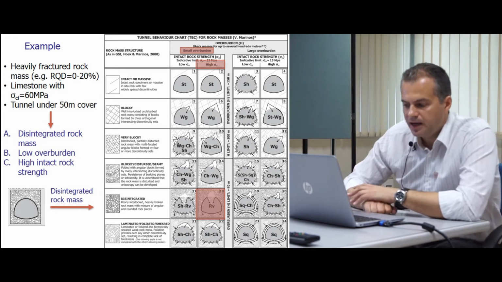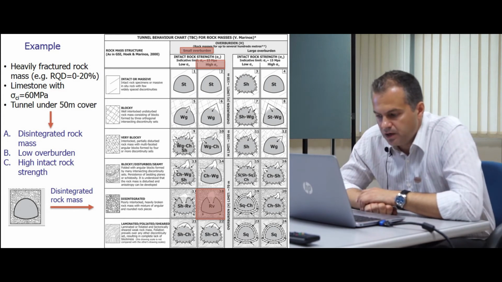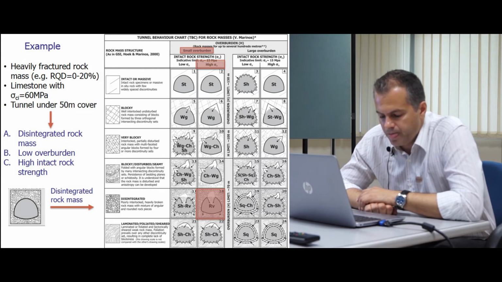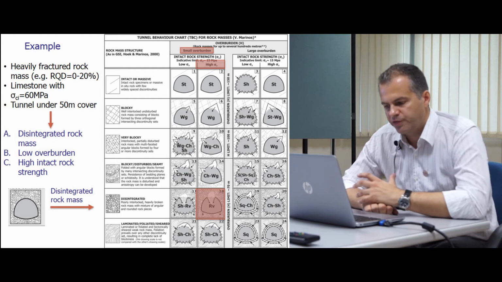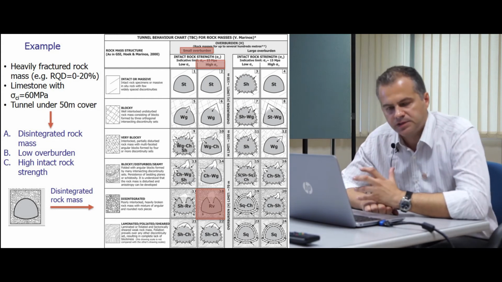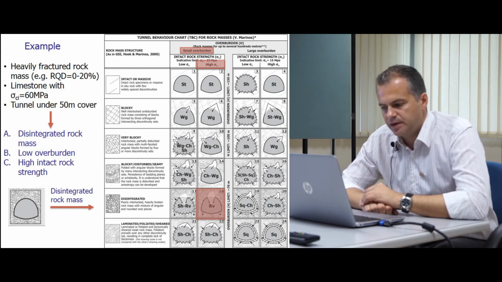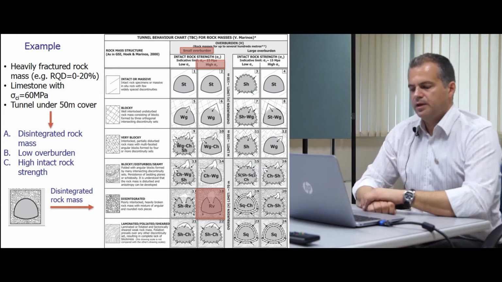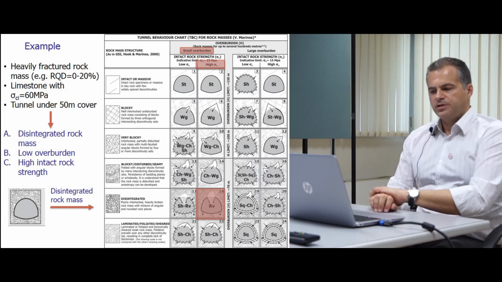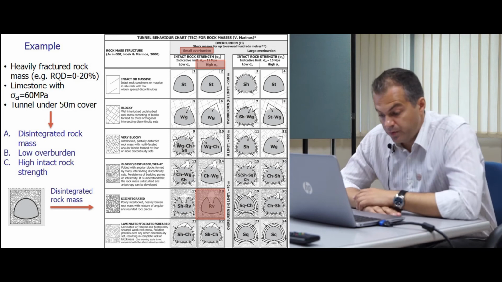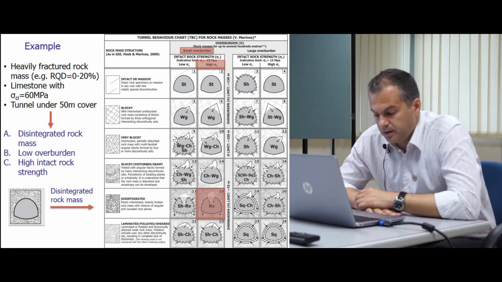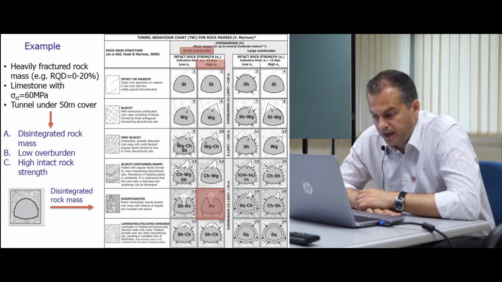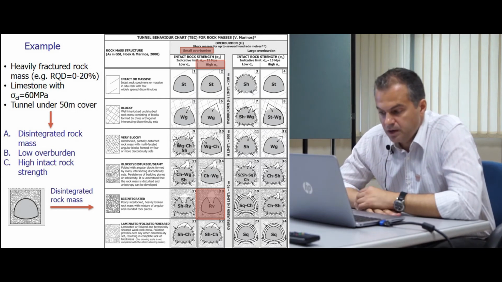Again, I have to highlight here that this is a chart that urges you to think about how the ground behaves, without just giving a numerical sum of some parameters and relying on this sum, on this rating, and then analyzing from numerical modeling to provide you the support measures.